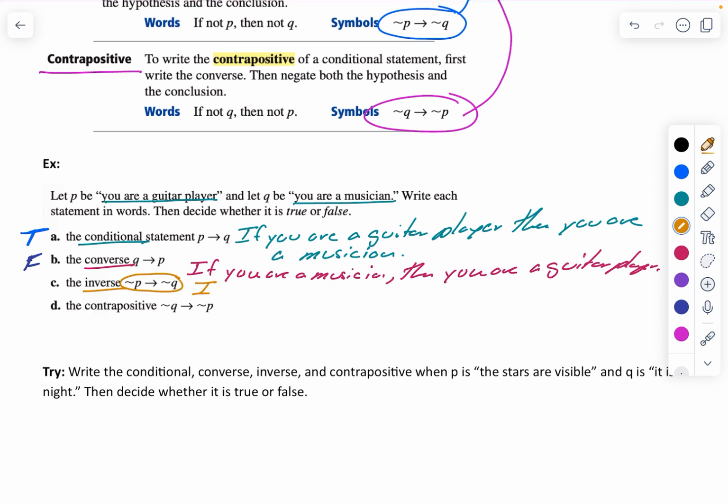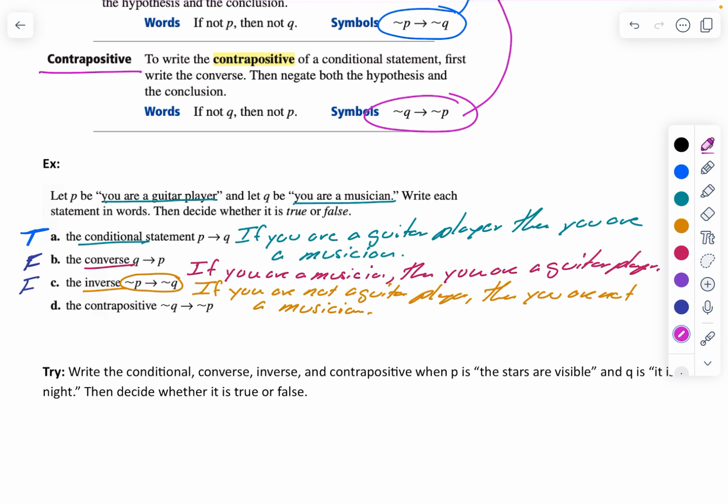So we're going to say, if you are not a guitar player, then you are not a musician. Okay, if you're not a guitar player, you could be playing something else. It doesn't mean that you're not a musician. So we're going to say that's false.